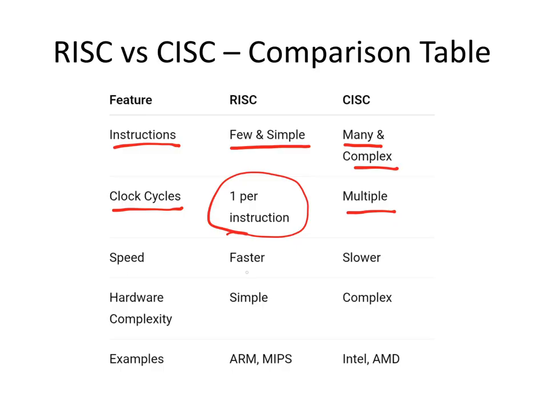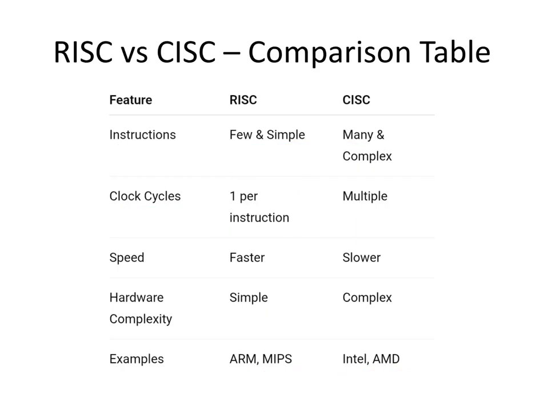For speed, RISC is faster in execution while CISC is slower. For hardware complexity, the RISC chip is simpler, while the CISC chip is complex. For real-world examples, RISC is used in ARM and MIPS, while CISC is used in Intel and AMD.